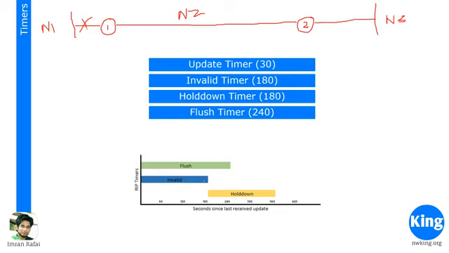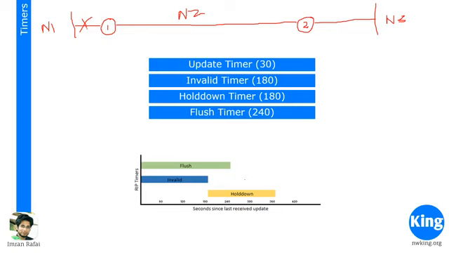In that period, if it gets an update about network 1 from either router 1 or router 3, another router from somewhere else, it resets that invalid timer and starts counting the update timer again.